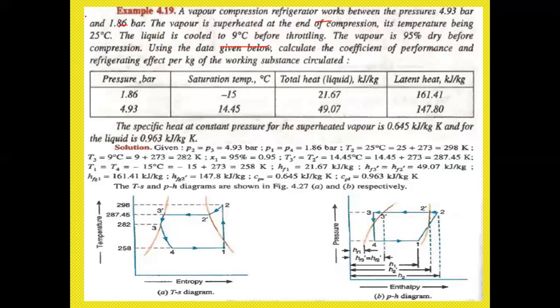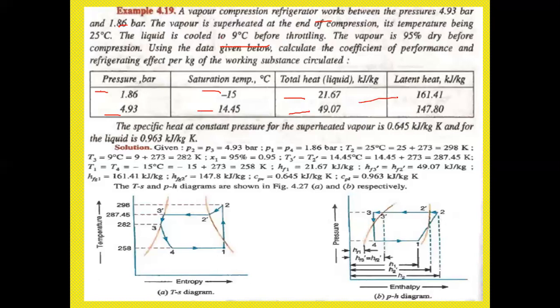What is the pressure given? The pressure in bar is 1.86 and 4.93. Next, what is given in the question? Minus 15 degrees centigrade, and the saturation temperature is 14.45. Then the total heat in liquid is 21.67 and 49.07.